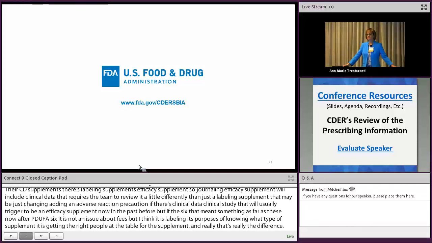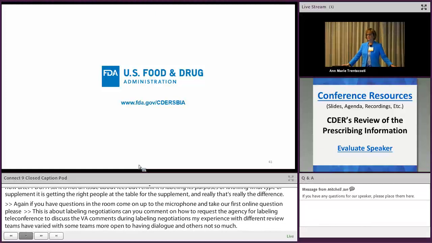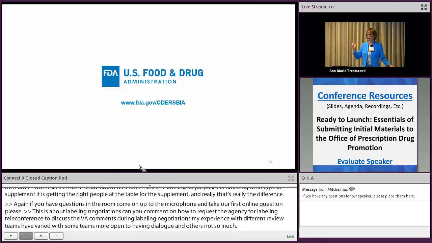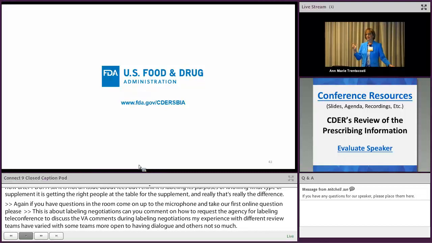Right, so I think label negotiations may be a little different in each division and how that's handled. One thing we try to do in our labeling reviews is to make the comments very clear to the applicant so they understand why we're making the revisions. Obviously, sometimes those comments may not be clear, and if you have questions or concerns about some of the comments or revisions, it's very important to contact the RPM in charge of that application. Say, I don't understand this comment, can we talk?